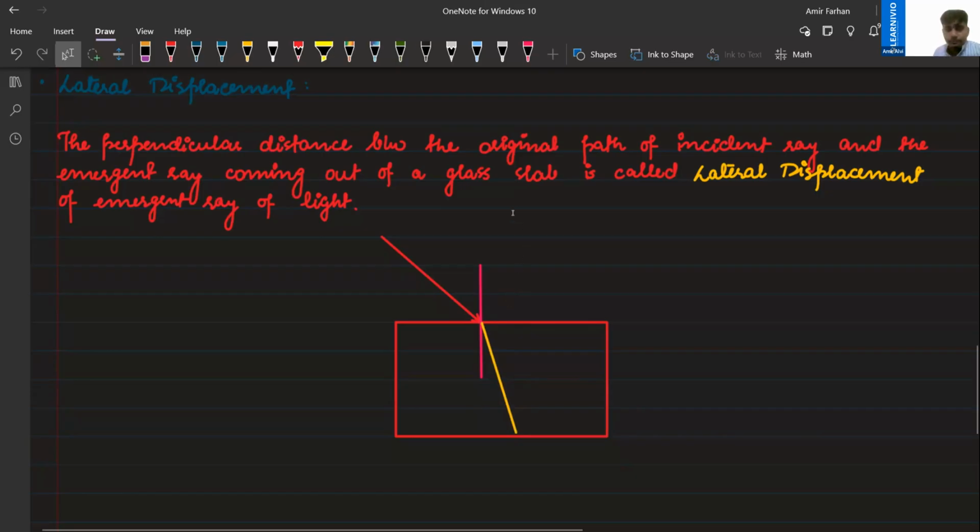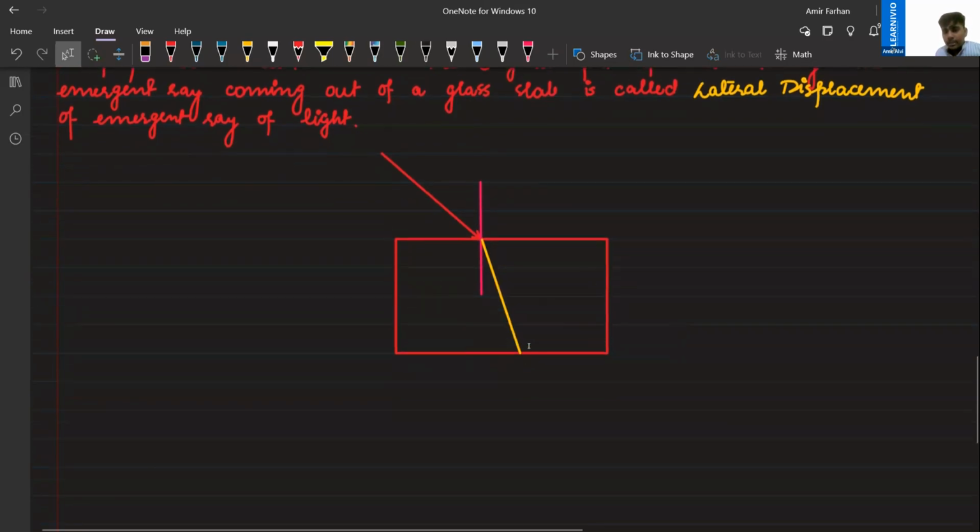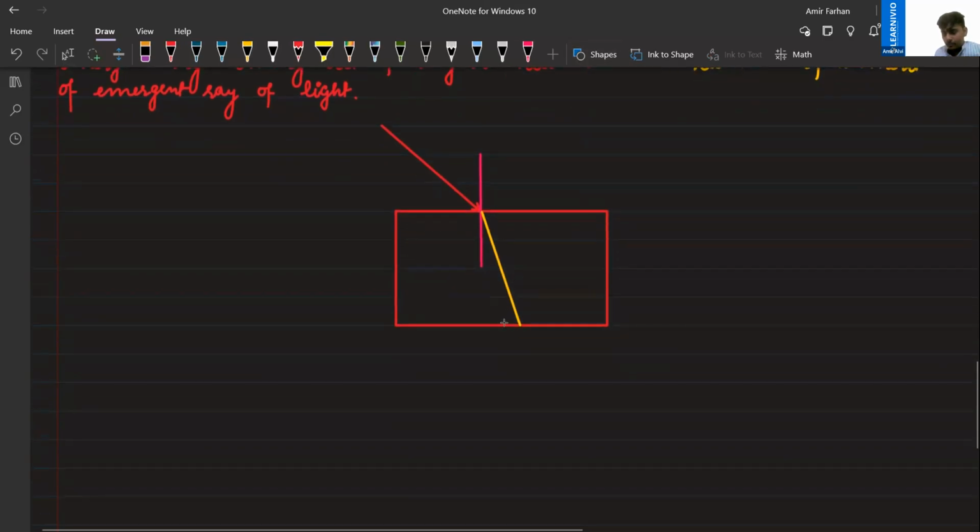After that, what will happen when the light ray is going from glass to air? Okay, so it is basically striking this glass at this point. This would be a normal.